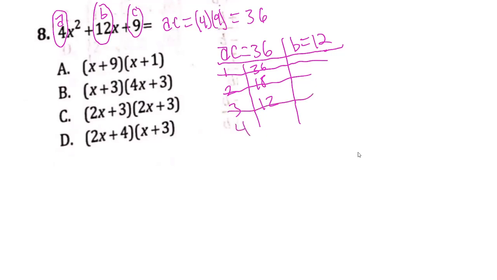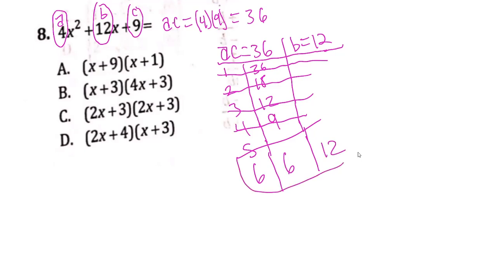So I go to the next one. 4 times 9 is 36, but it doesn't add up to 12. So it's not that. So I go 5. It's not going to be 5 because it doesn't add up. So let's do 6. 6 times 6 is 36, and it does add up to 12. So yes, we found it.